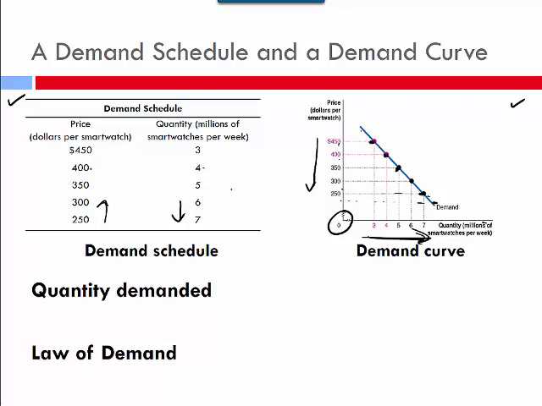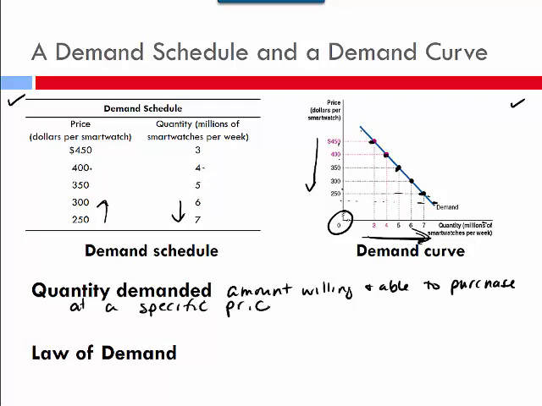As far as definitions, the quantity demanded is defined as the amount that people are willing and able to purchase at a specific price. There's a couple elements of that that are important.